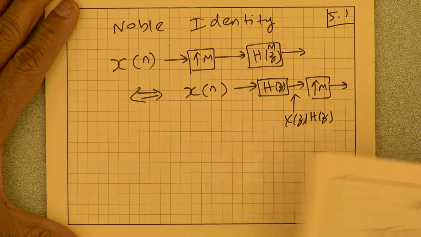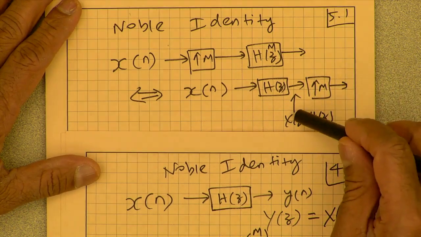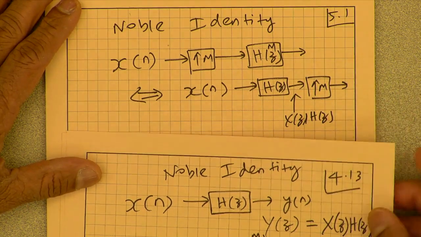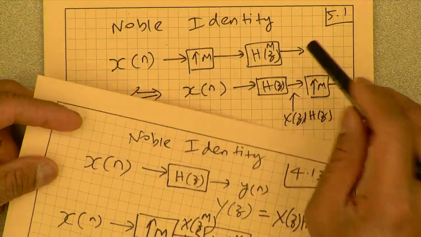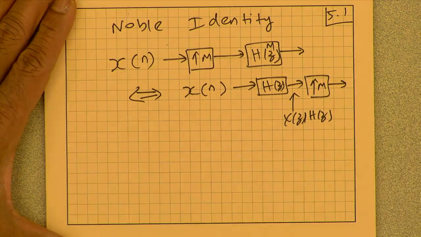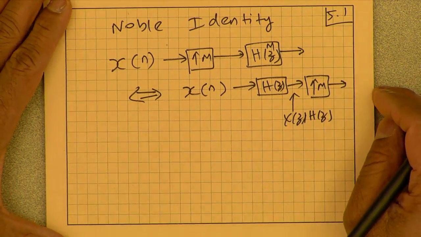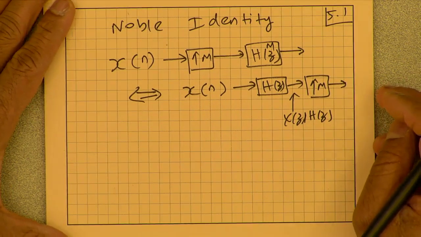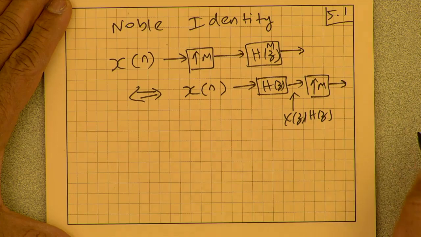Clearly the Z transform of this will be X(z^M)H(z^M), which is exactly the same as the Z transform here. So these are equivalent. There are two noble identities when you begin to analyze multi-rate systems, one involving expanders and one involving decimators, but that's the expander noble identity.